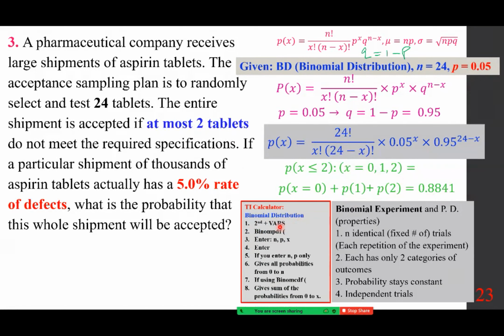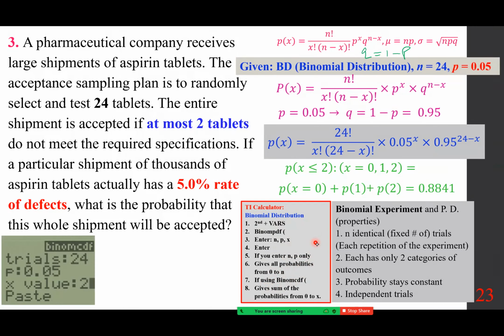For a binomial distribution, if you click on second and variables, you use binomial PDF, N, P, X, and you enter. If you enter only N and P, it gives you all probabilities from 0 to N. And if you use binomial CDF, then it gives you the sum of the probabilities from 0 to X. So using the calculator for the trials, you put N, which is 24, you already have that.